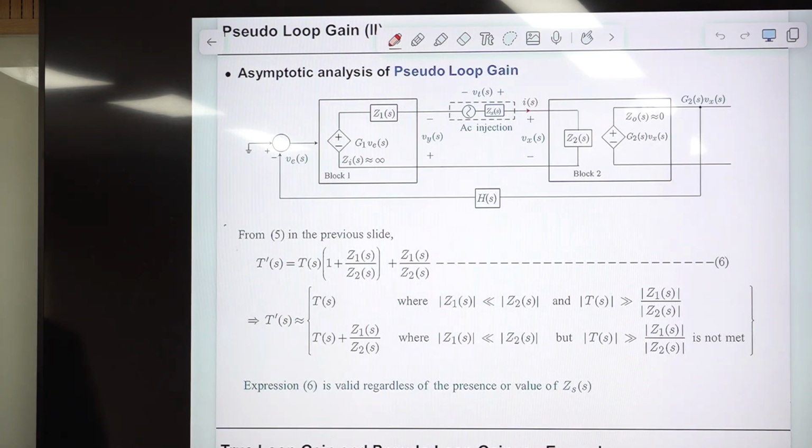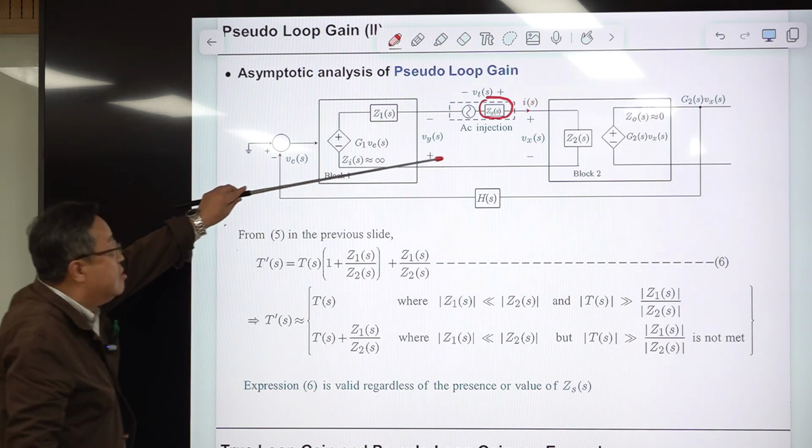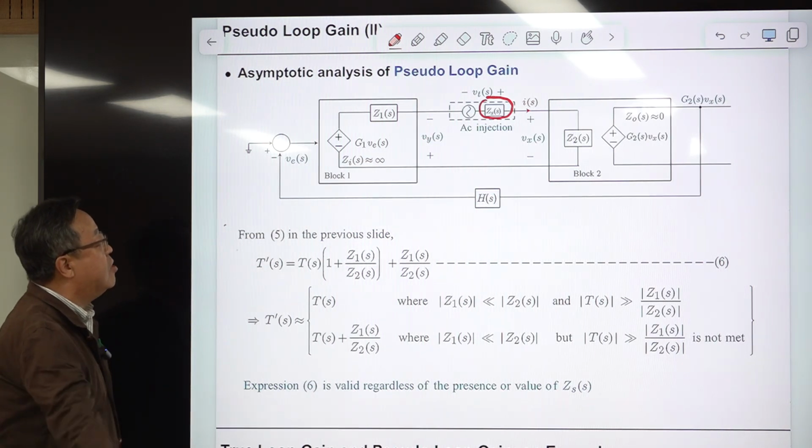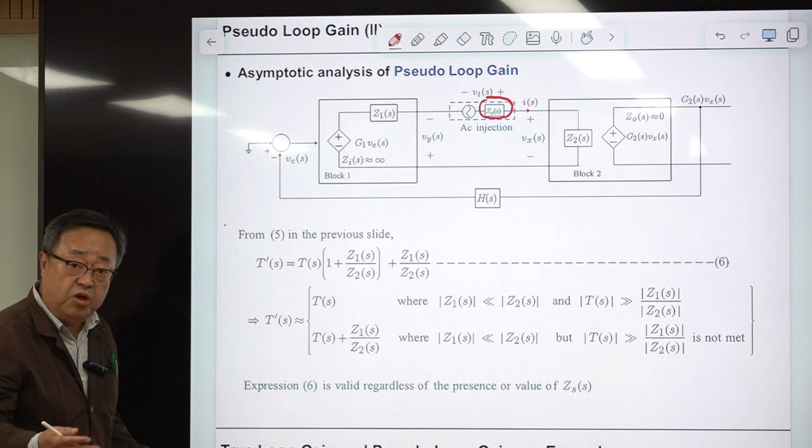And one very critical comment on this is the presence or magnitude of GSS, which is the source impedance of the AC injection source. This is some impedance coming from the AC injection source.